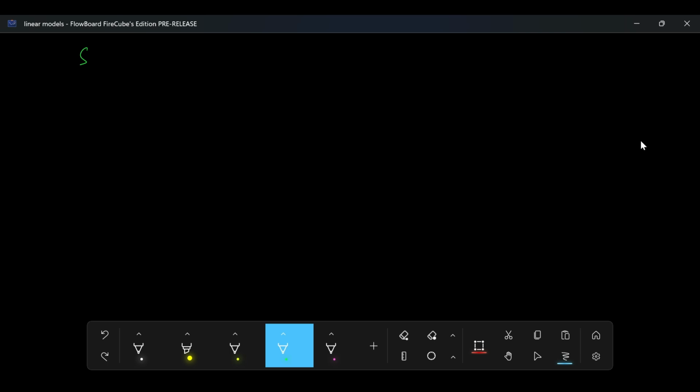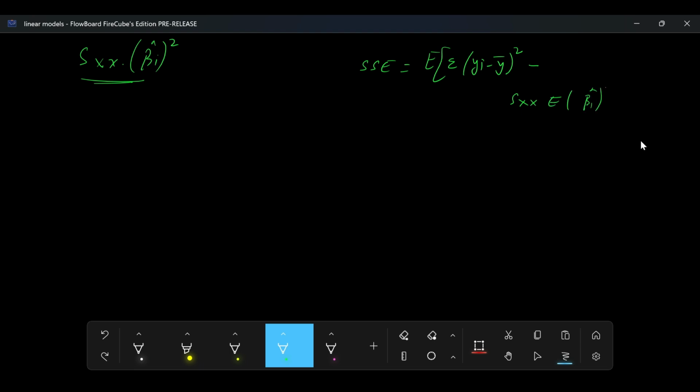What was that? That was SXX, sorry. SXX into beta1 hat square. Clear? As you know, SSE is equal to expectation of summation yi minus y bar square minus SXX expectation of beta1 hat square.